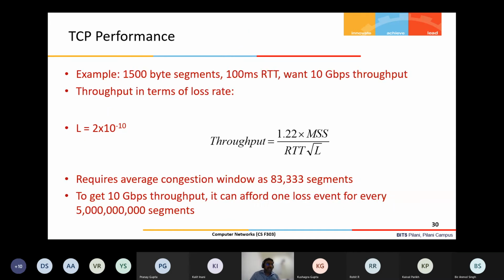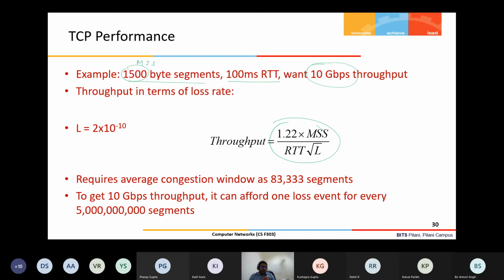Okay, so now we'll see one important observation based on the throughput formula which we have derived just now. Let us take a few numbers. My example is 1500 byte segments, so the MSS is 1500 bytes, and 100 millisecond is my RTT. Let us say I want 10 Gbps throughput. Suppose some link of 10 Gbps is there, and I want to achieve 10 Gbps of throughput.